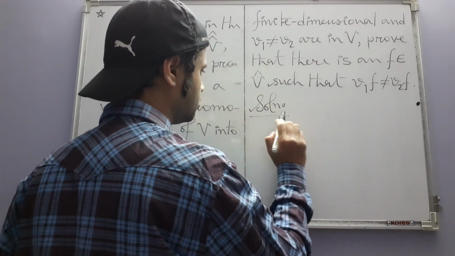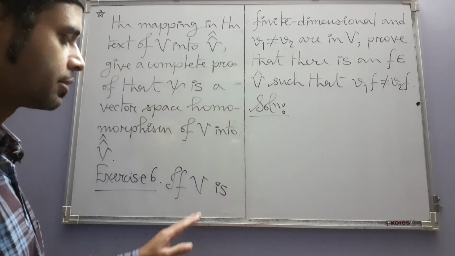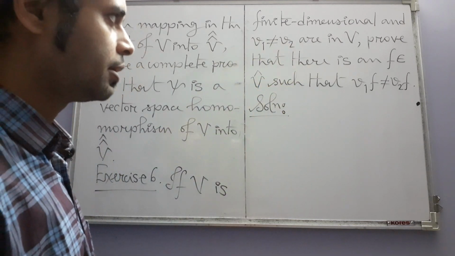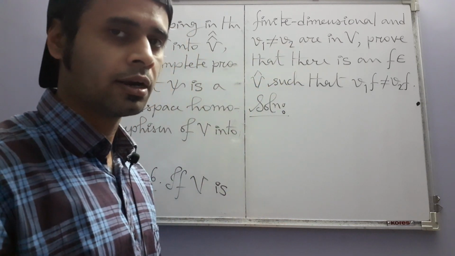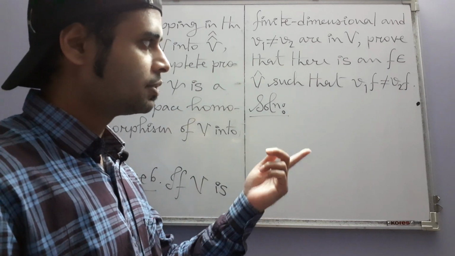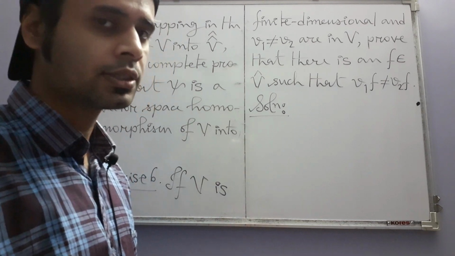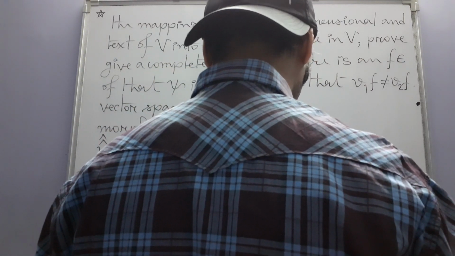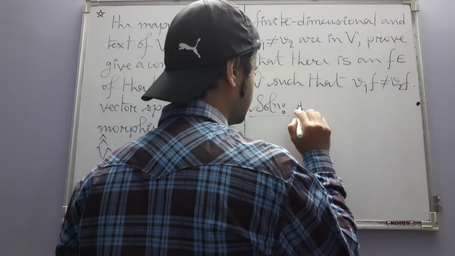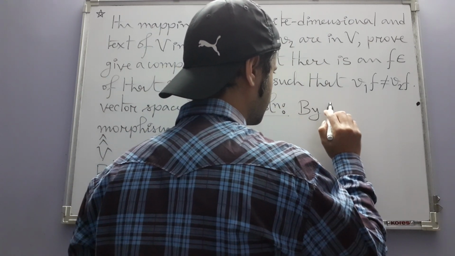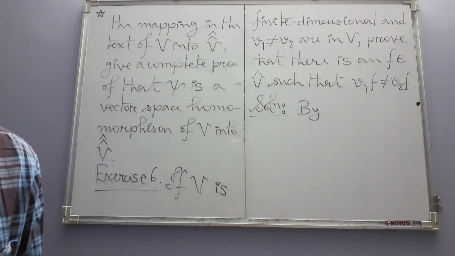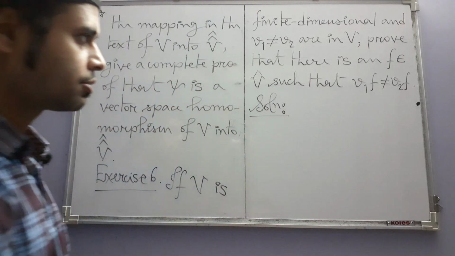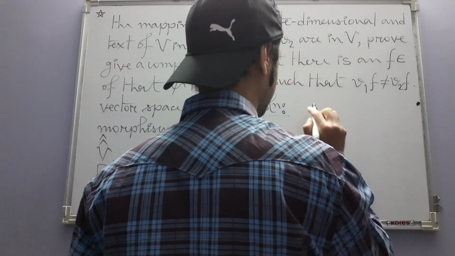In the solution, we are given a finite dimensional vector space V in which we have two distinct vectors V1 and V2. Then we have to prove that there is a linear functional under which the images of these distinct vectors are also distinct scalars. So here we can directly use lemma 4.3.2, but before we use this lemma, we need to make sure that its hypothesis is satisfied.